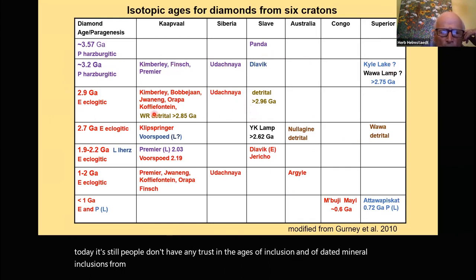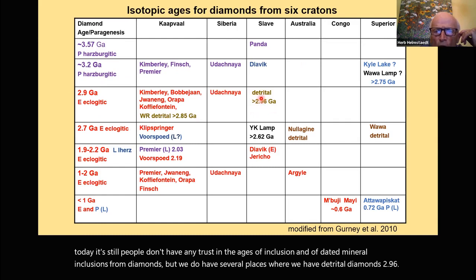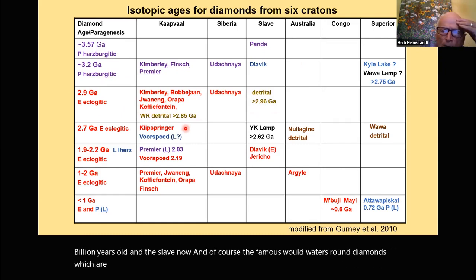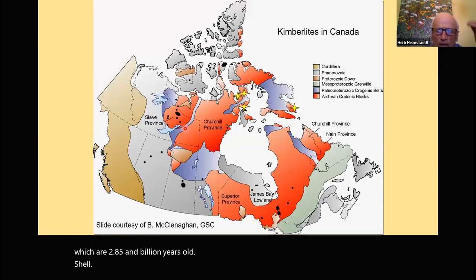But we do have several places where we have detrital diamonds, 2.96 billion years old in the Slave now, and of course the famous Witwatersrand diamonds, which are 2.85 billion years old.